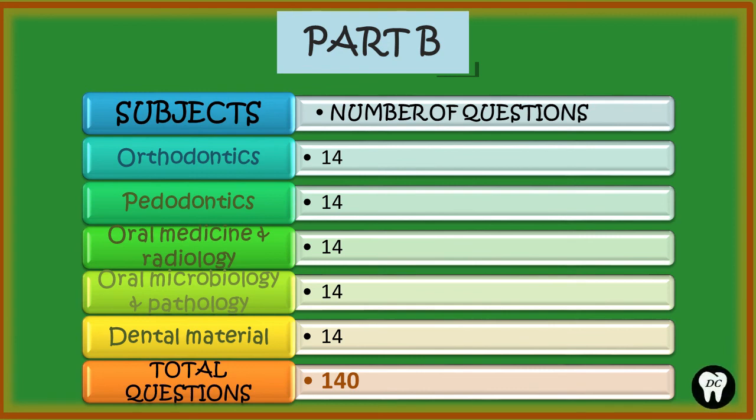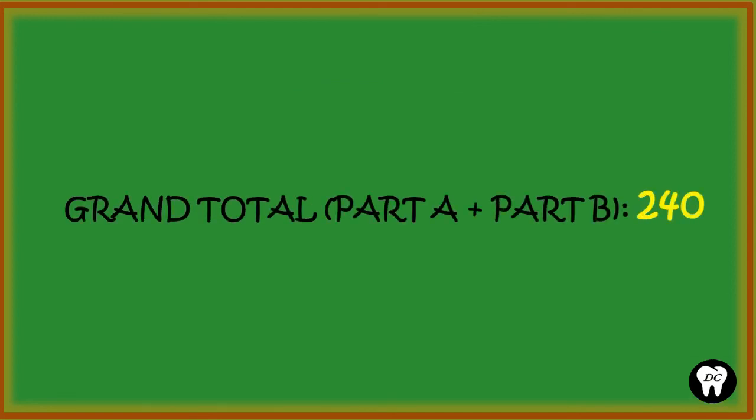From all these subjects, you will get 14 questions each. The total of part B is 140. Basically, all the dental subjects are included under part B. So the grand total of part A and part B is 240 questions.